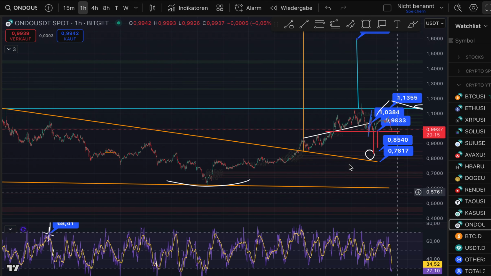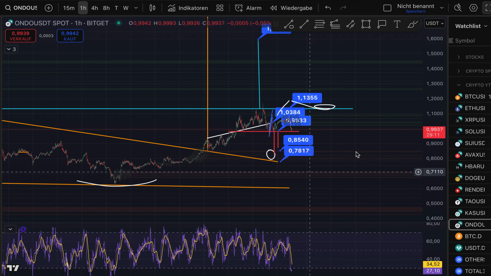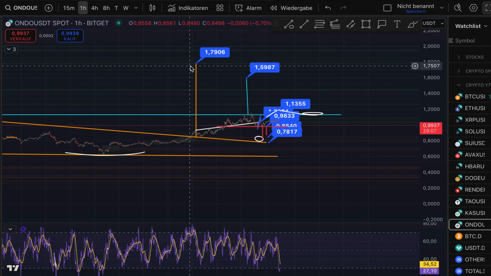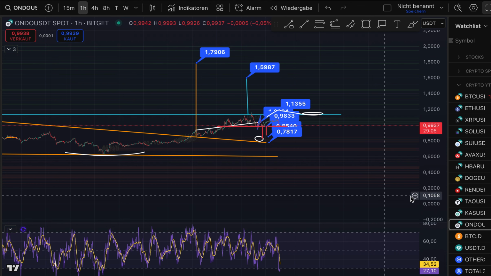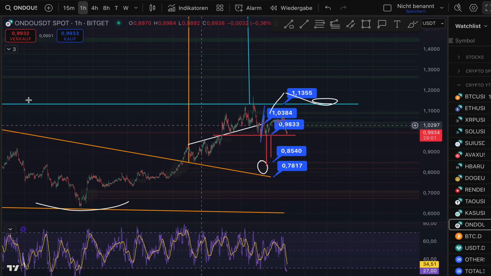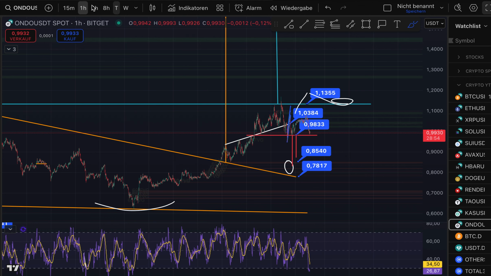And this can also just be the second retest of that falling wedge. And afterwards we can still seek for higher prices. $1.80 is the maximum target right now at the moment. And the target is ongoing. We broke the chart pattern here to the upside, got our retest. But this is a chart pattern on a bigger time frame.